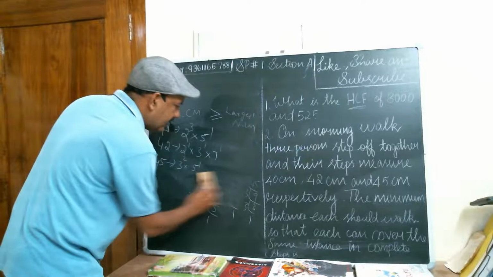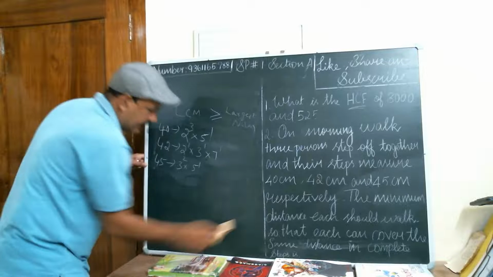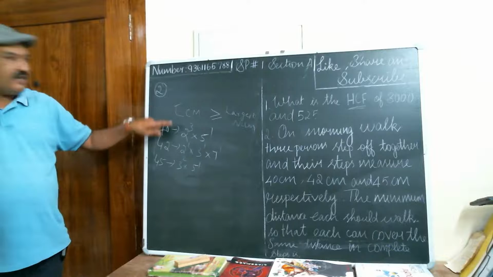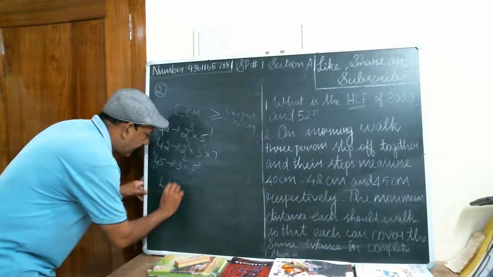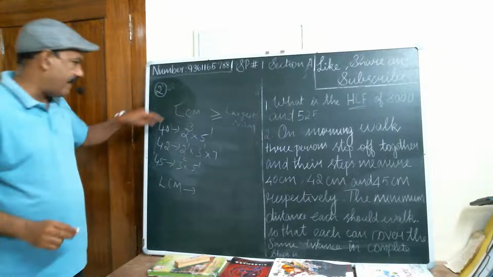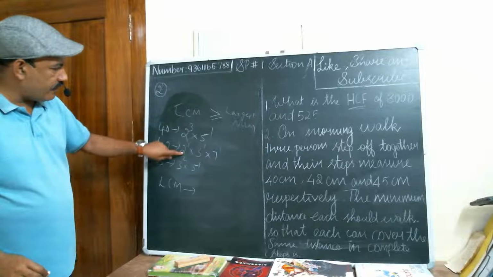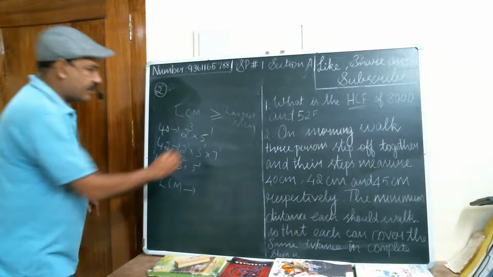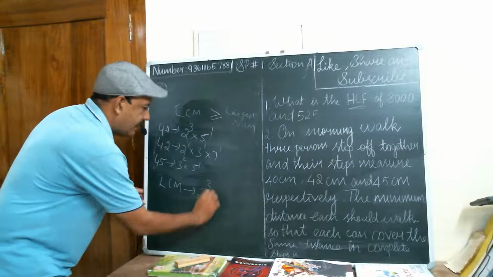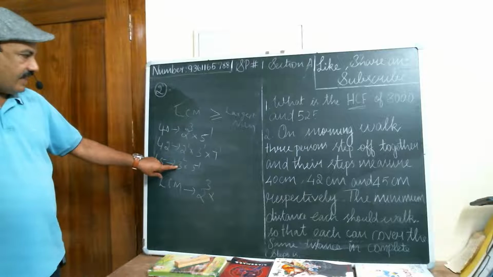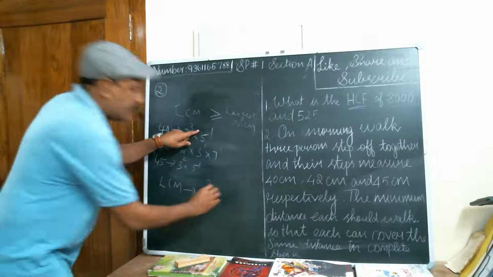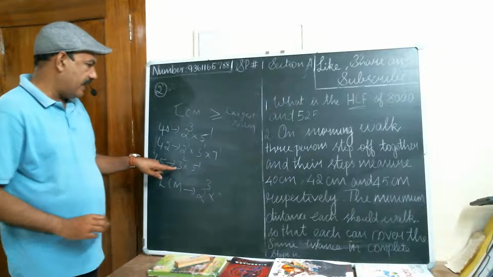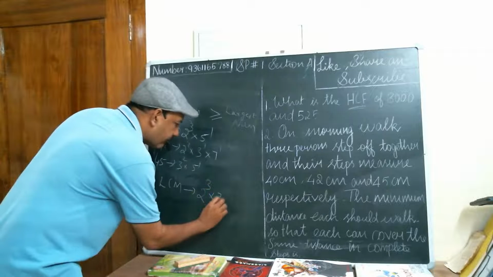Now I already said that in case of LCM we have to take the highest power. So for LCM, what are the various prime numbers? 2: 2 power 3, 2 power 1. Since there is no 2 in 45, it has to be considered as 2 power 0. So the highest power of 2 is 3. The next prime number is 3: 3 power 2, 3 power 1. There is no 3 in the first number, so it is 3 power 0. Since we are going with the highest power of 3, it is 3 power 2.